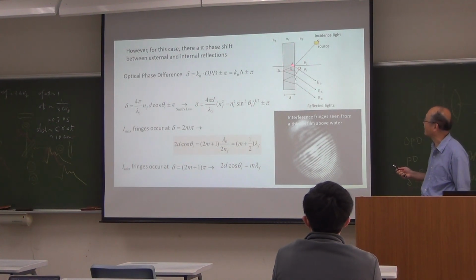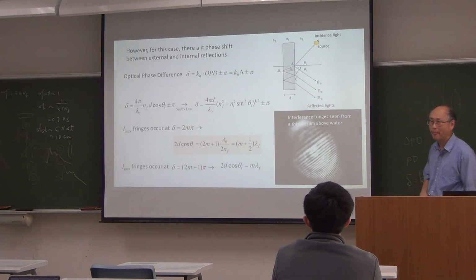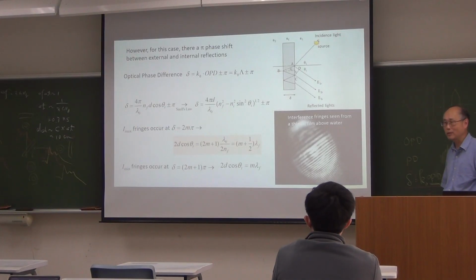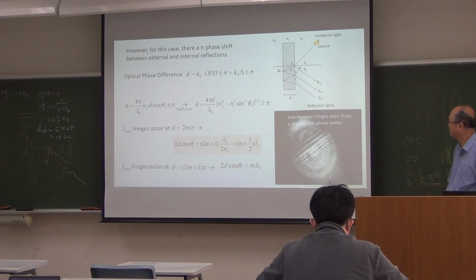It's not quite the angle you saw outside. But this is a very compact expression, and we all want to use it. So this is how you calculate the interference fringes from the thin film.